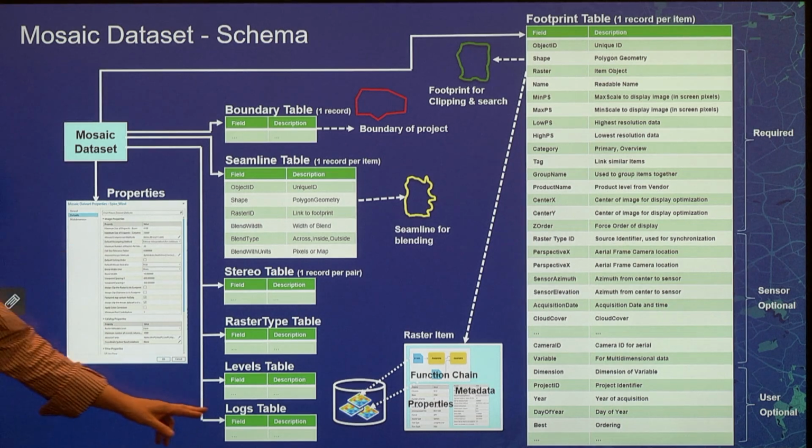And very important, there's also always a logs table. Every single thing you do on a Mosaic dataset, whether I recompute the footprints, add features, or delete features, ends up in a logs table. That logs table can grow very, very fast to very, very big sizes. Delete the records if you don't need them. It's no problem.